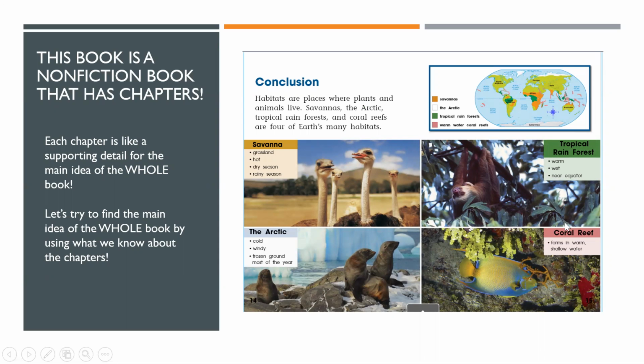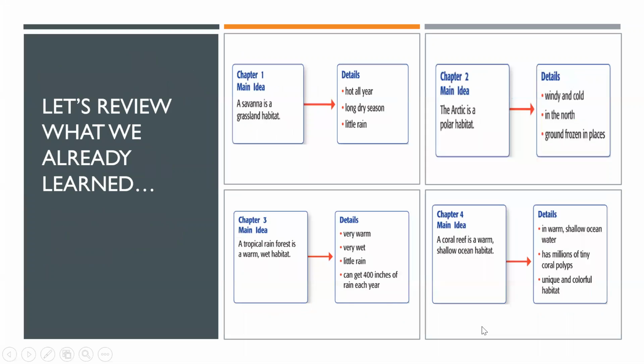Yesterday, we learned about the tropical rainforest together, and you learned about the coral reef on your own. So each of these four habitats that we learned about, each of these four chapters, were their own main idea, but they are also the details of the whole book.